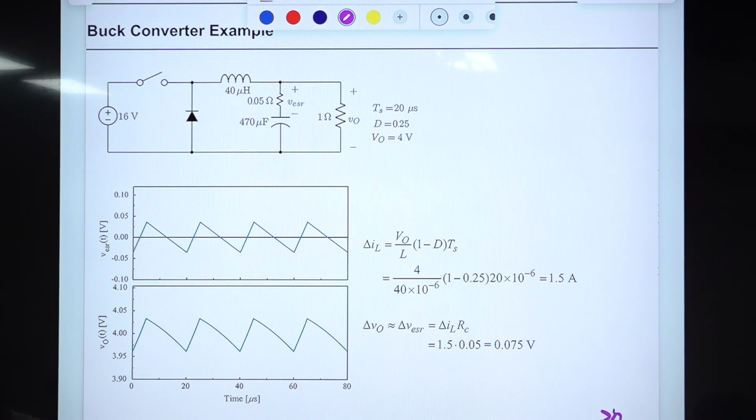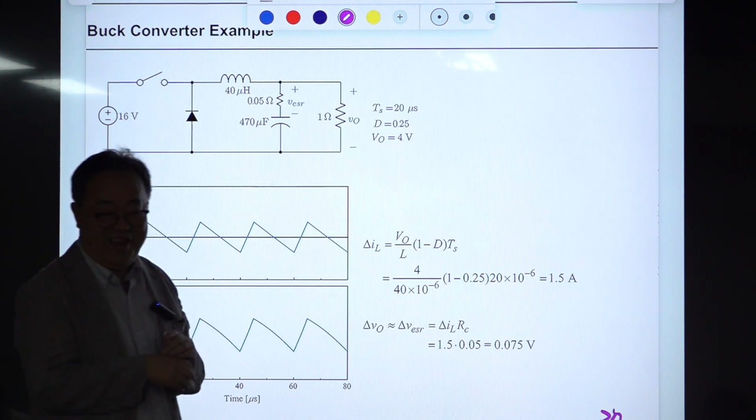All right. So this is the end of periodic steady state analysis of a buck converter. It's very easy. We used piecewise linear analysis with small ripple approximation, and this graphical analysis will provide everything for us. You don't have to calculate practically.